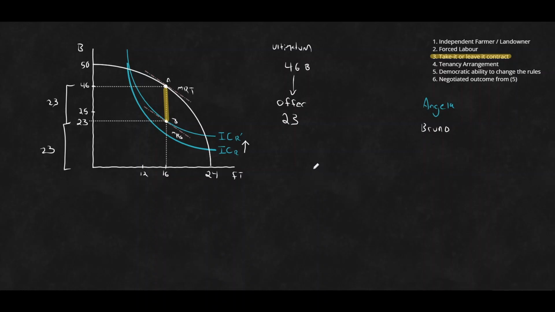When we had forced labor, well, Bruno was able to get the difference between A all the way down to the forced labor indifference curve. So in this case here, we had this massive benefit all going to the landowner in this case here, which would have been the entirety of social surplus.